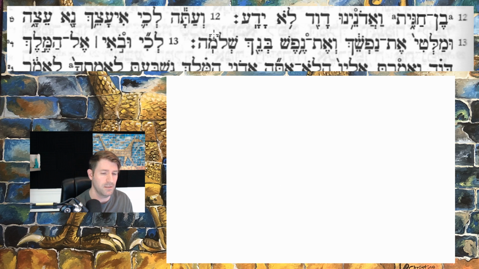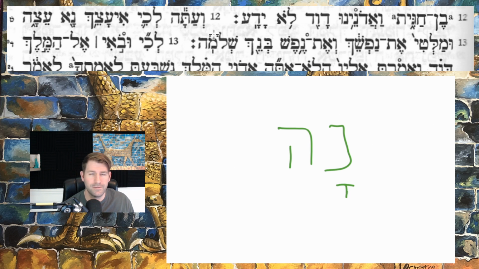And then we get this particle na here. And na is a particle that's sort of like hene. It's kind of based on context. When we teach it or when we learn it, like please is how people translate it, but it's not really that.